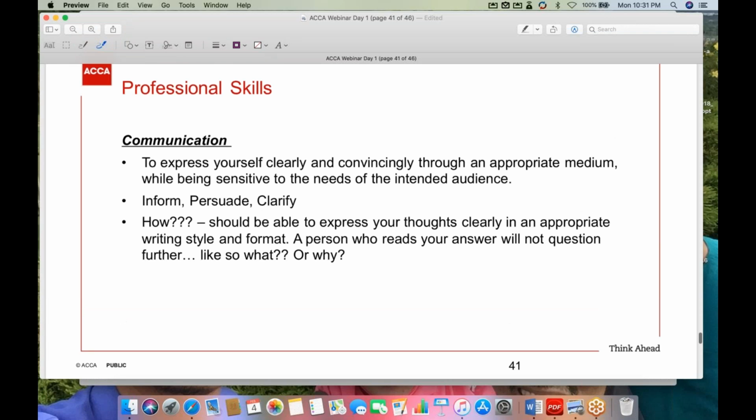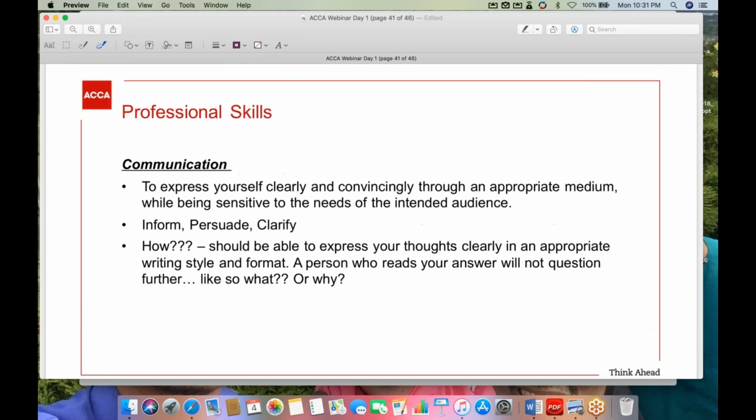Communication skill is expressing yourself clearly and convincingly through an appropriate medium while being sensitive to the needs of the intended audience. So what it means here is that you're supposed to be expressing your thoughts clearly. That means when you explain something, it has to be explained clearly so that your audience understands what you are telling them.